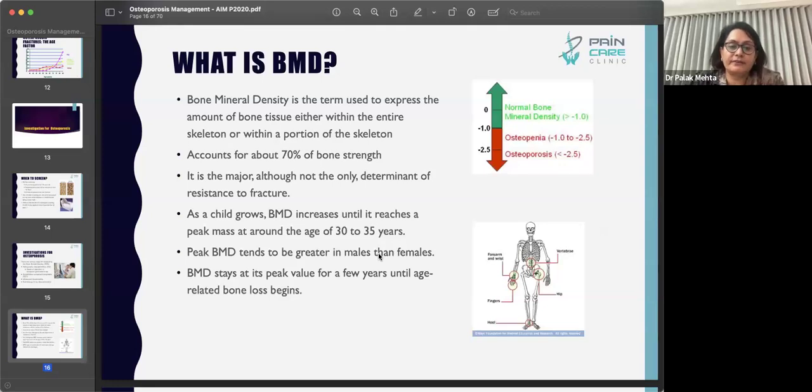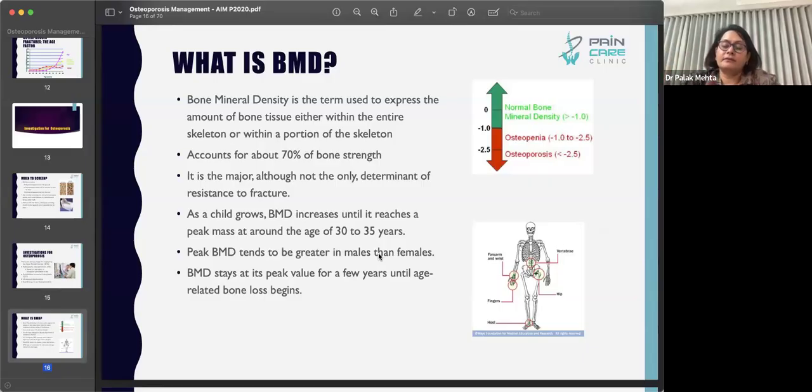So what is bone mineral density? Bone mineral density is the term used to express the amount of bony tissue, either within the entire skeleton or within some portion of the skeleton. So there is a measurement. If the BMD is above -1, we call it normal bone density.